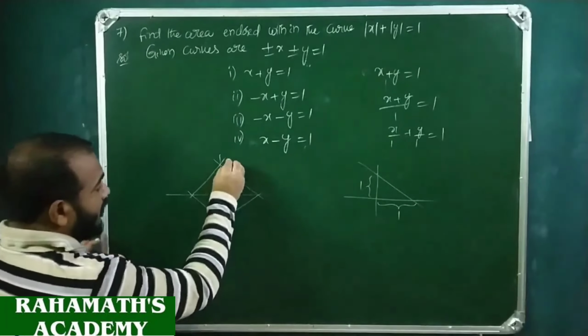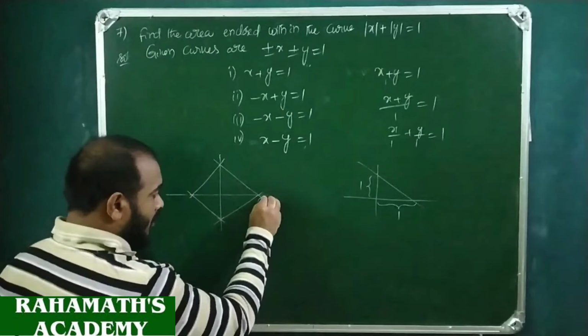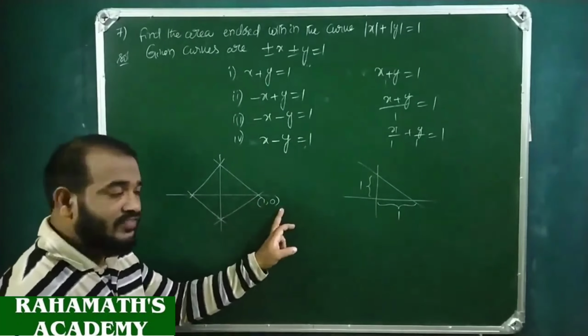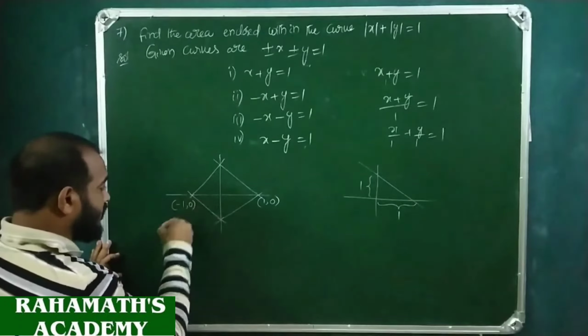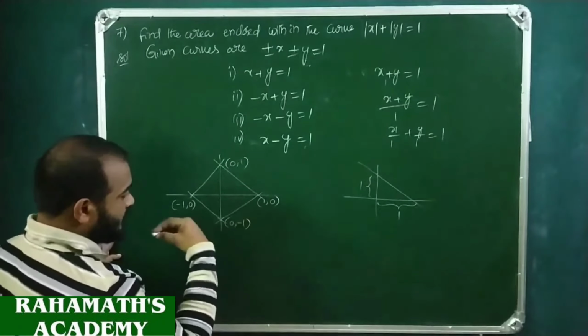So this is 1 and this is 1. This is positive 1 comma 0, since on the x-axis the y coordinate is 0. This is minus 1 comma 0. This is 0 comma 1. This is 0 comma minus 1.